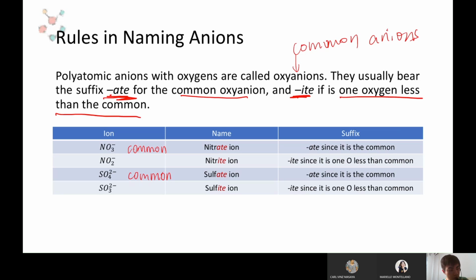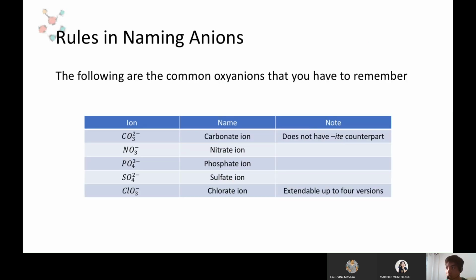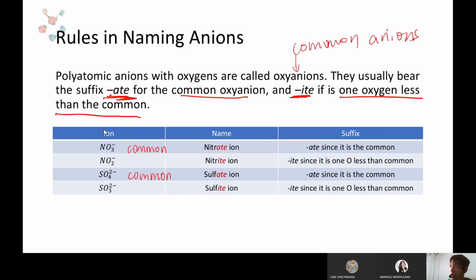So, yung common, ito lang naman sila. 5 lang. Kakabisaduhin natin. So, yan. Ano gagawin natin dyan? Pag common daw, ang suffix ay ate. Kunin mo yung root word ng element, nitrogen, NITR, yung kanyang root. Then you add the suffix ate. So, nitrate.